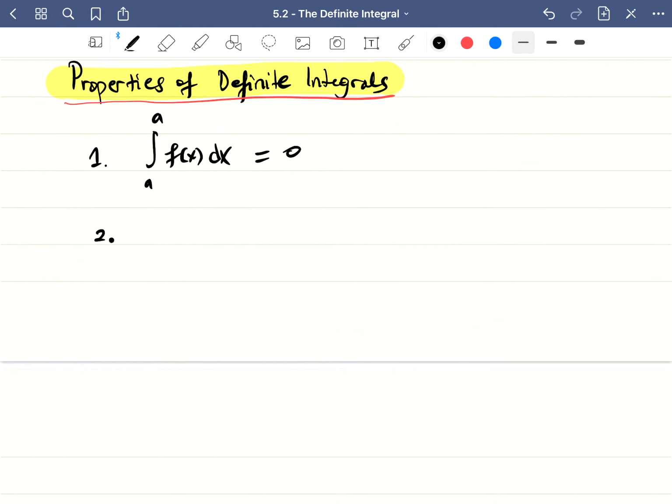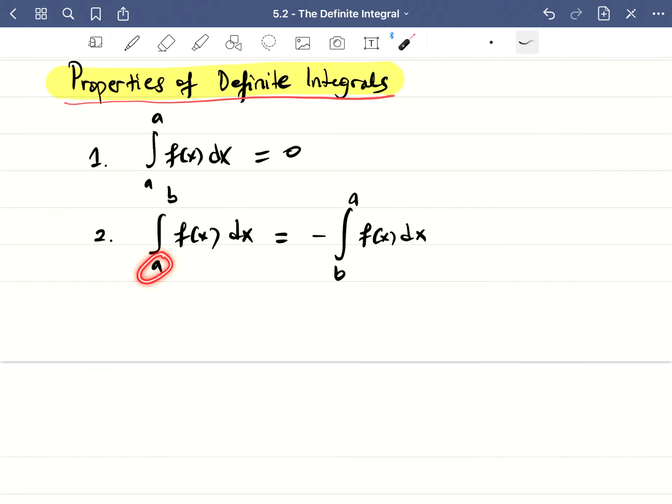And then 2, the integral from A to B of f of x dx is equal to, if you switch the limits of integration, then you have to put a negative sign. Okay, so note here that A moved up here and then B moved down here. That's why you have to have this negative sign in front.